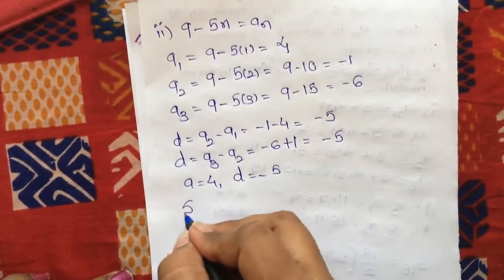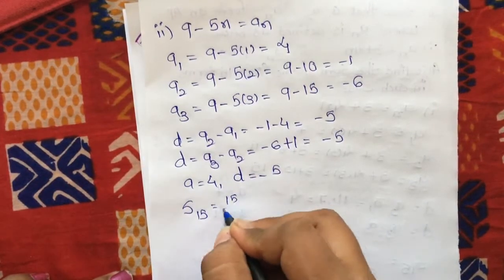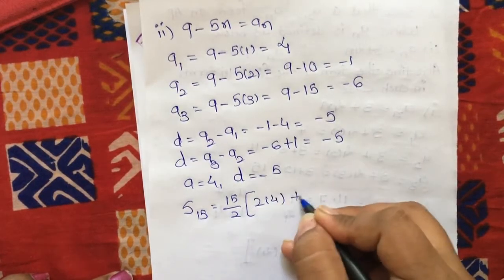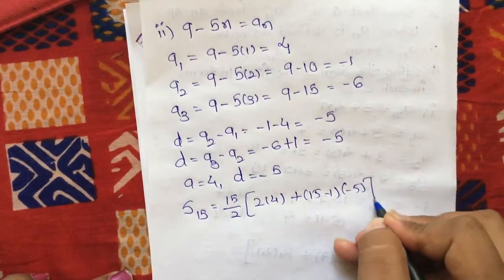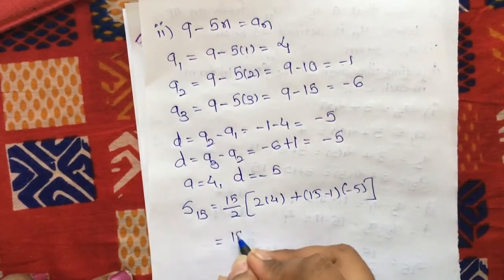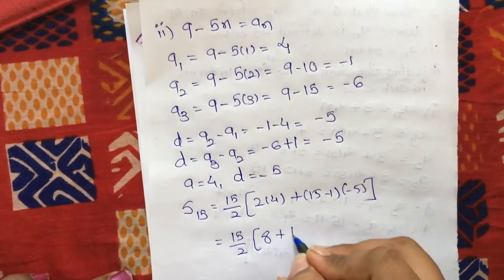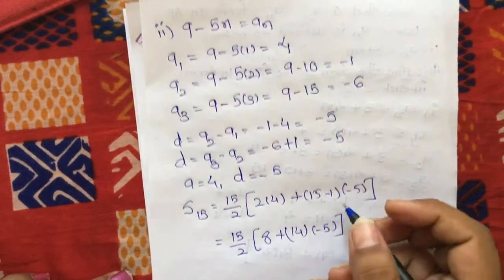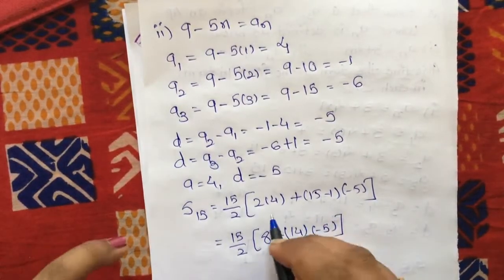So let's just apply Sn, that is S15 is equals to 15 divided by 2 into bracket 2 into 4 plus 15 minus 1 into minus 5. So this is 15 divided by 2, 2 4s are 8 plus 14 into minus 5. Okay, so 14 into minus 5, minus 70.